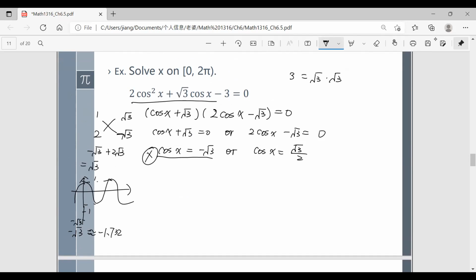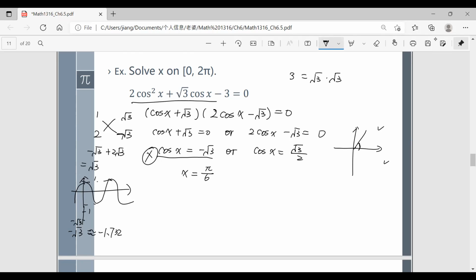So cosine x equals square root of 3 over 2. For cosine equal to a positive value, the angle is here or here, ASTC. So what is x? The x must be pi over 6, because cosine of pi over 6 equals square root of 3 over 2.